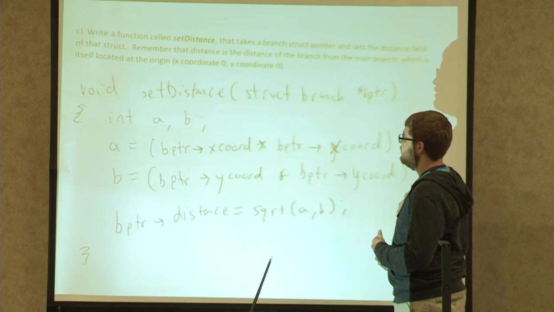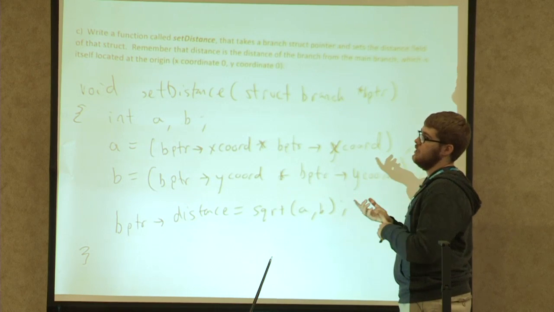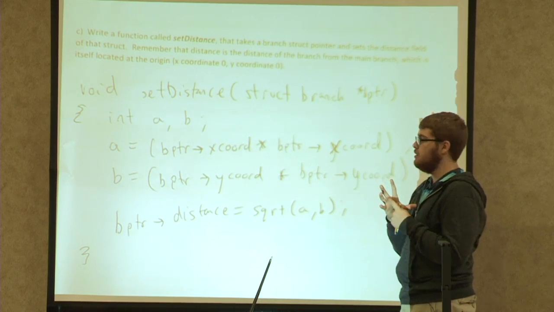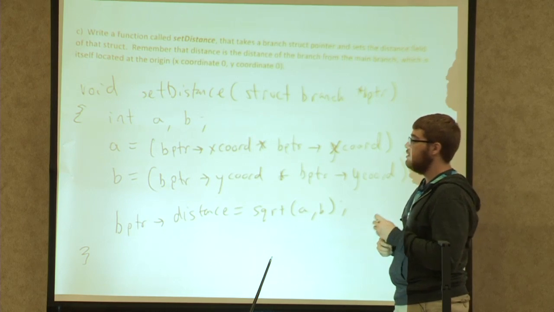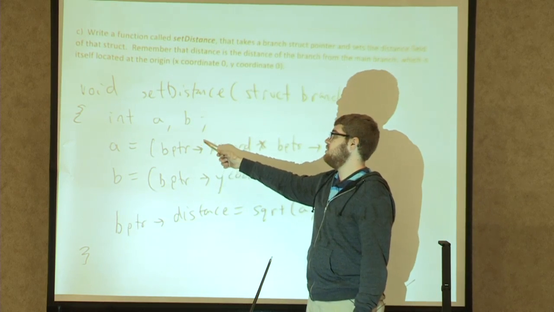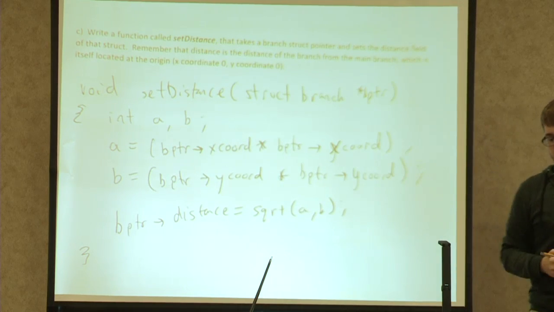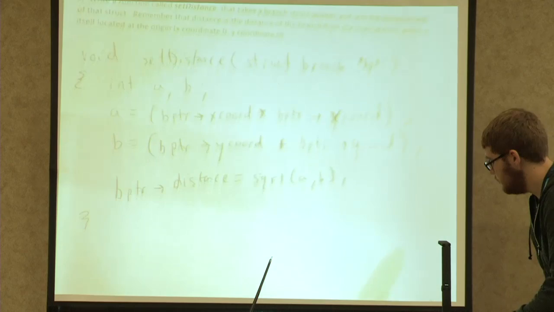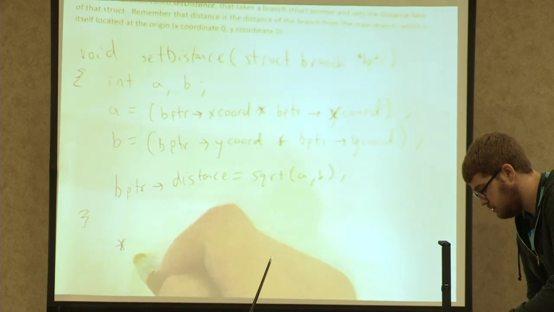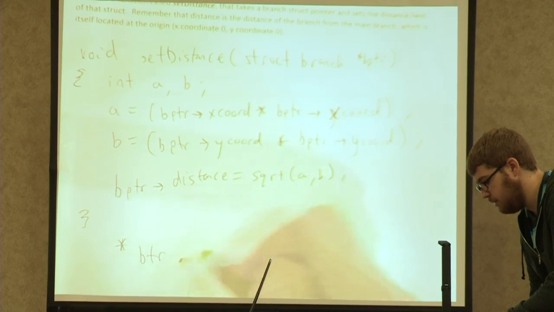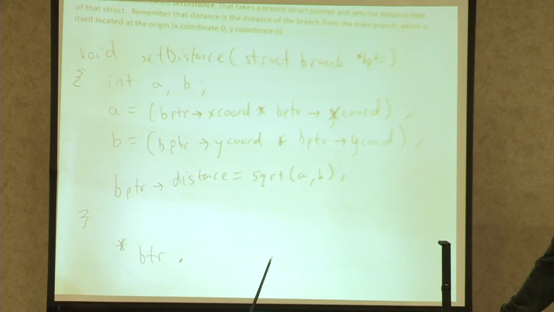To access that, it's a struct first of all, so you have to use the dot to access anything in a struct, right? But if it's a struct pointer, this is basically a dot and a dereference at the same time. I remember that she explained that. You could think of them like this. So this one would be b pointer and then whatever, right? That just makes it one character.